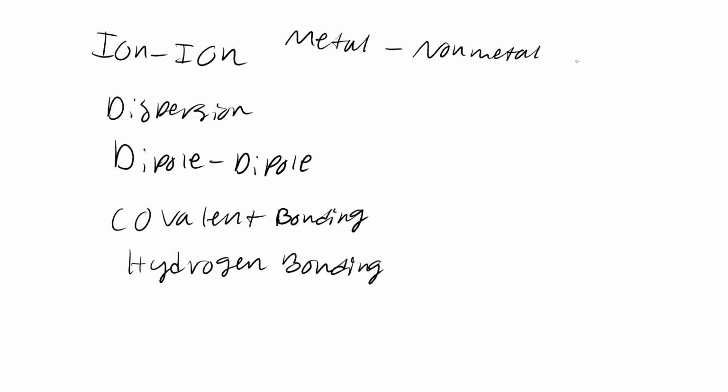Kind of like if you have sodium and a hydroxide, this is going to be a metal, and it's going to be really attracted to hydroxide. They don't even touch. They just kind of magnetically attract each other. So that's the best one.